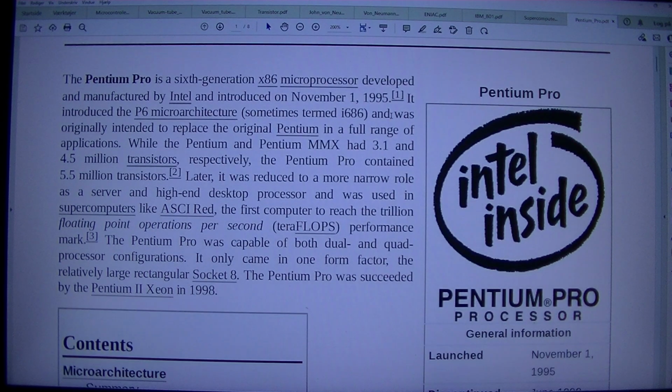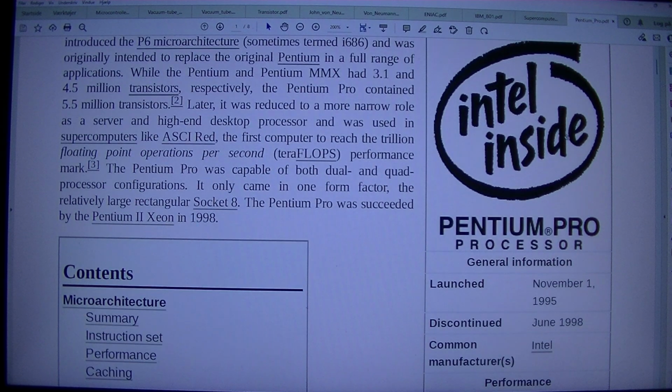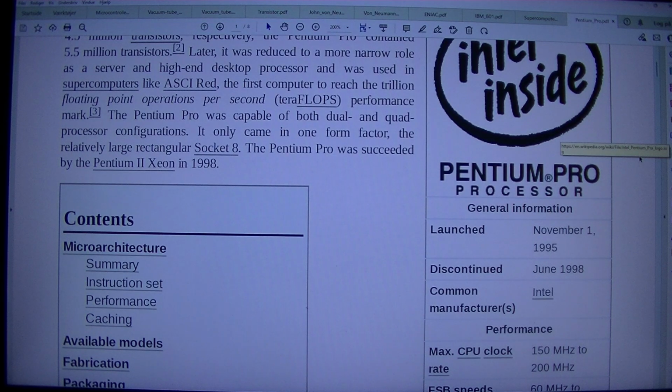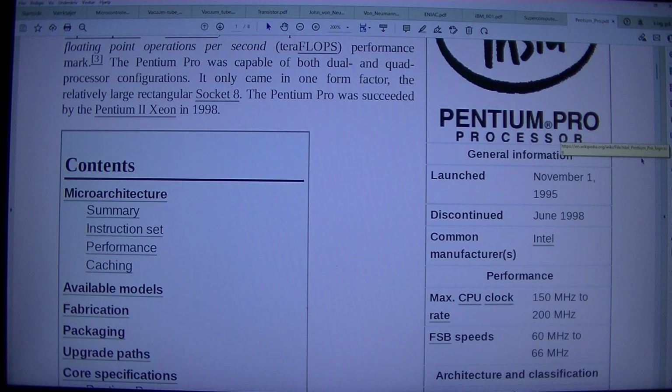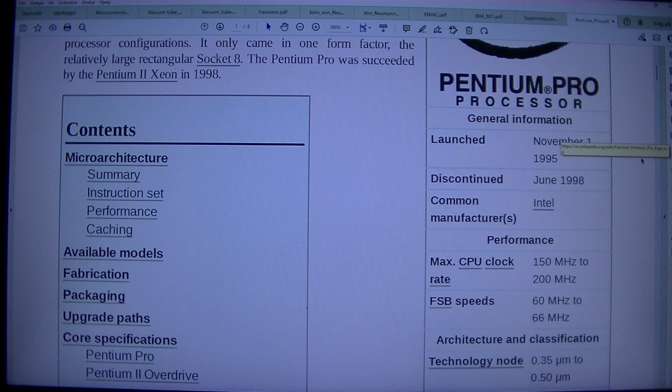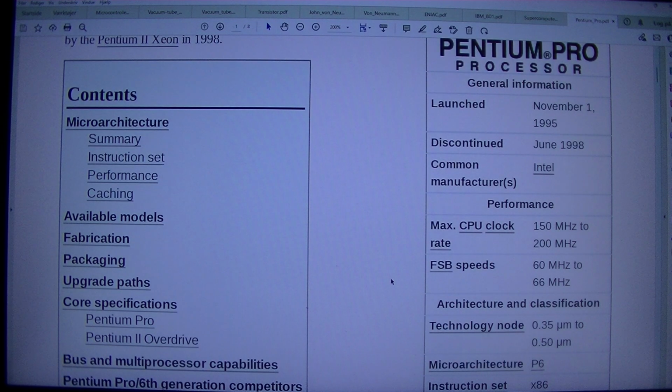Pentium Pro. Intel Pentium Pro logo.svg. General information: launched November 1, 1995, discontinued June 1998. Common manufacturer: Intel. CPU clock rate 150 MHz to 200 MHz, FSB speed 60 MHz to 66 MHz.